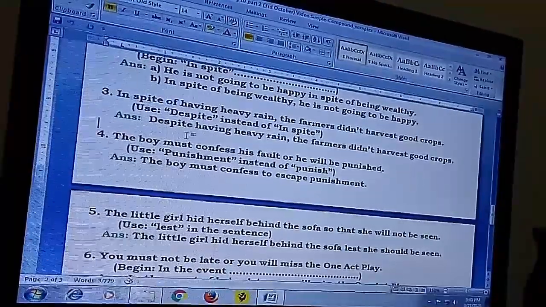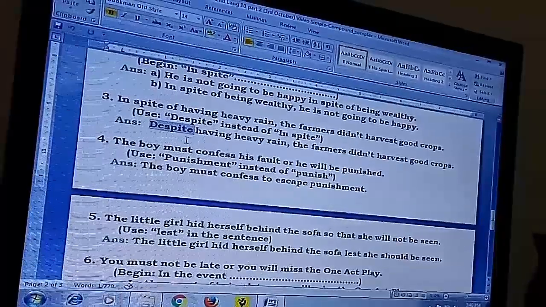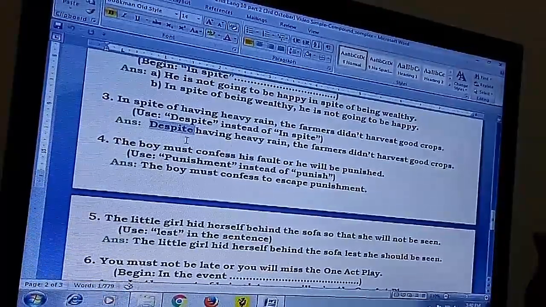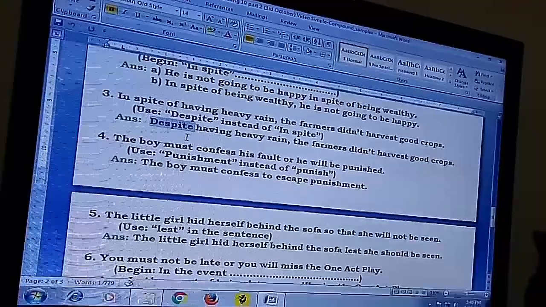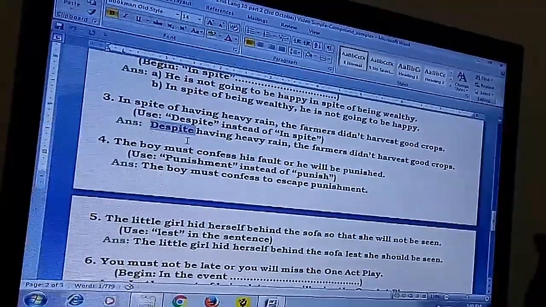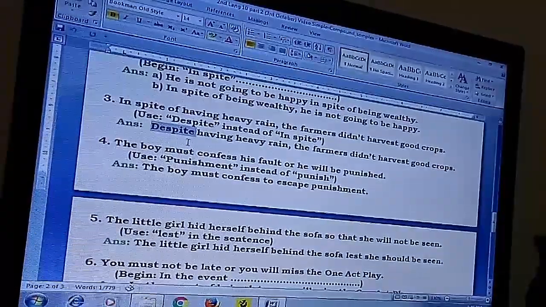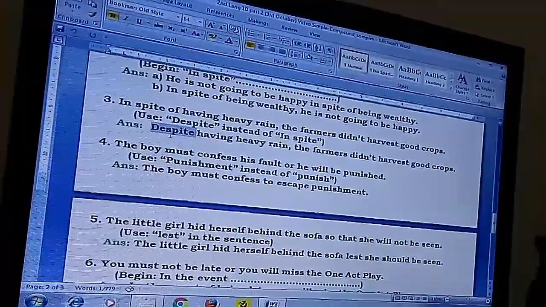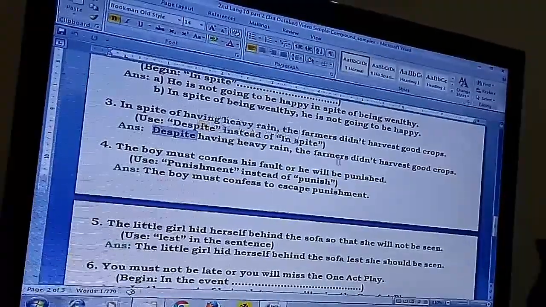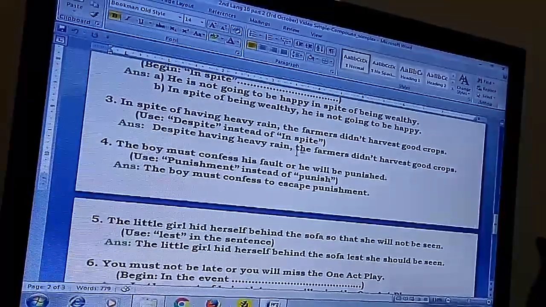When you are using despite, you are using only despite. No of is required. Sir, you said no of is required, but if we use of, will it be wrong? Yes, it will be wrong, because it is not required. So simple thing, in spite of having heavy rain, you are only doing despite having heavy rain.